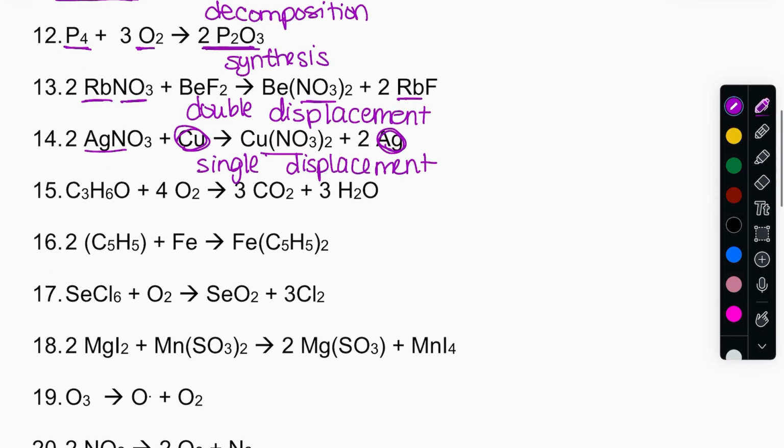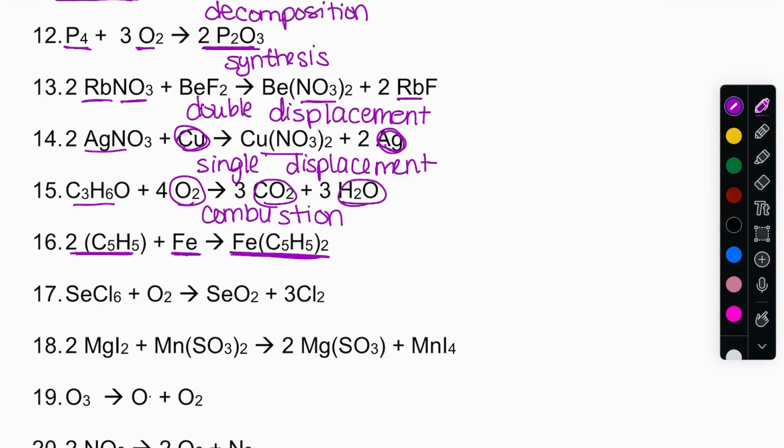Number 15, I see some hydrocarbons. I see oxygen, carbon dioxide, and water. Oxygen and carbon dioxide and water is my telltale sign that I have combustion. All right, number 16, I got one thing here and one thing here, and then all together making one big thing.